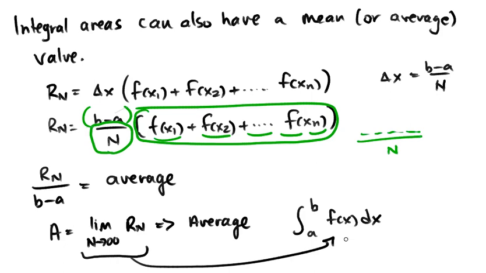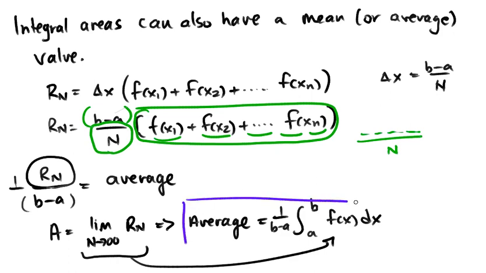And then if you want to calculate the average, the only part that you don't have when you take the limit is this 1 over b minus a. So if you ever want to calculate the average or mean value of an area, you can use the integral from a to b of f of x dx and multiply it by 1 over b minus a.